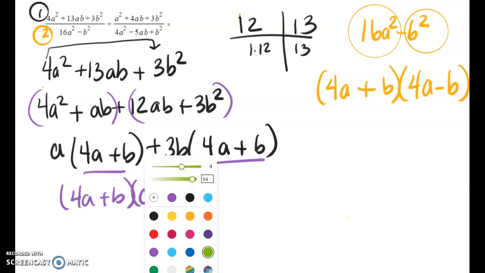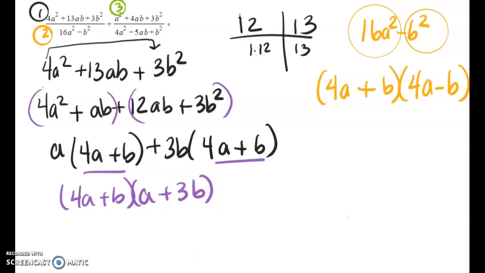Now, let's do this third one here. And so that's a squared plus 4ab plus 3b squared. Here my coefficient in the front is 1, so I don't have to think about sliding anything down, but I still want to factor, when I have these 2 variables, by grouping.